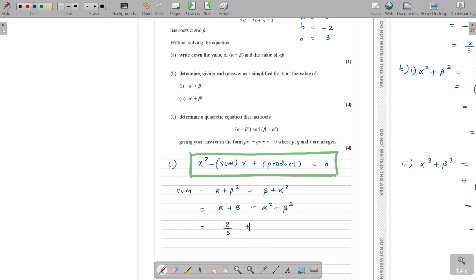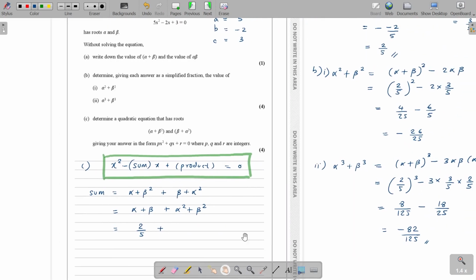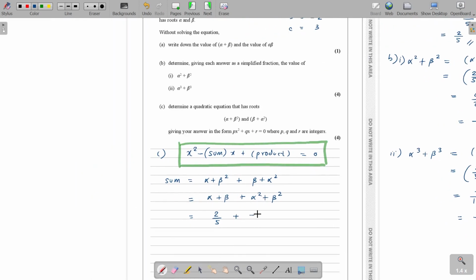Alpha square plus beta square answer is also found in B Roman number 1. What was the answer? Minus 26 over 25. Can I know the final answer? How much is the final answer? Minus 16 over 25. Then get the product.